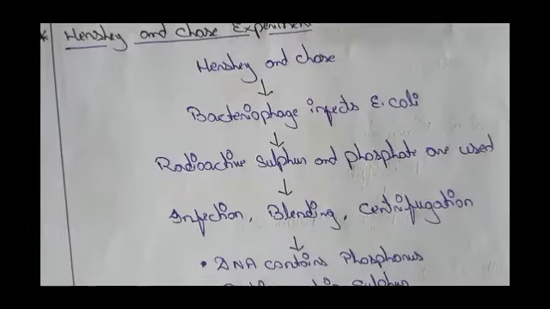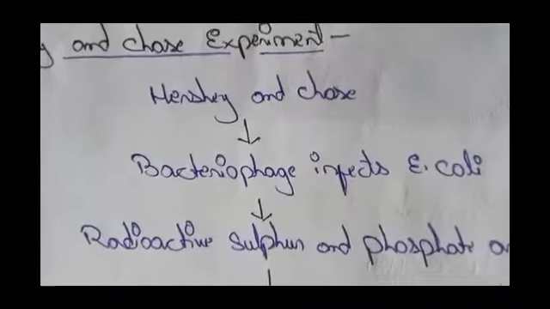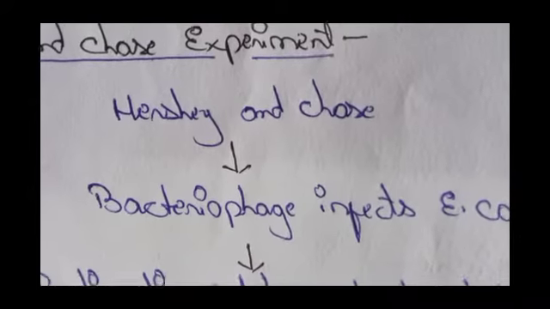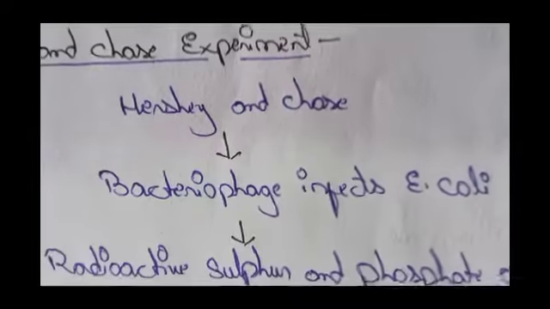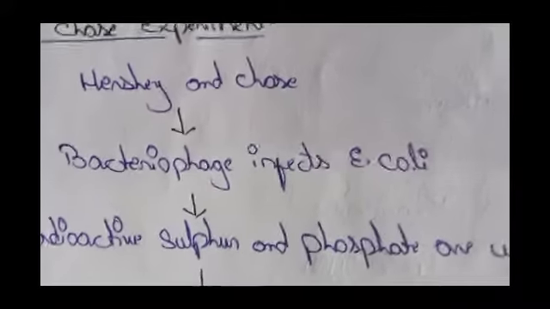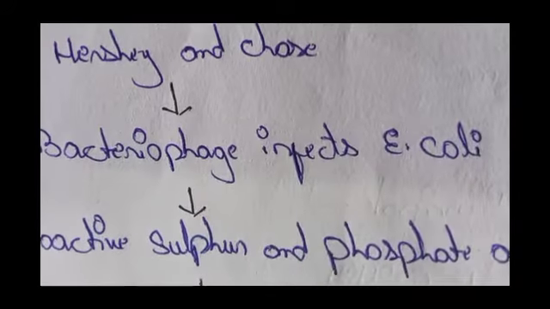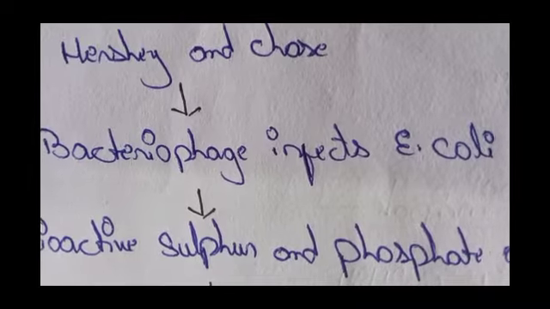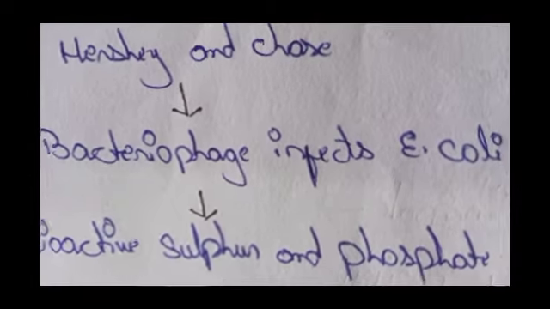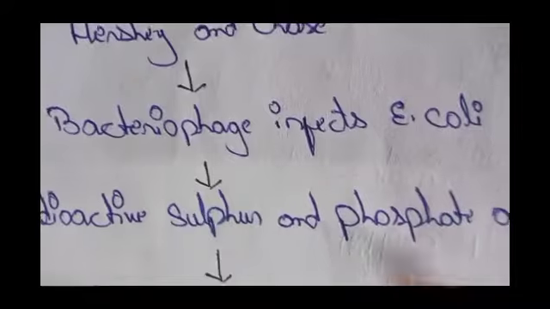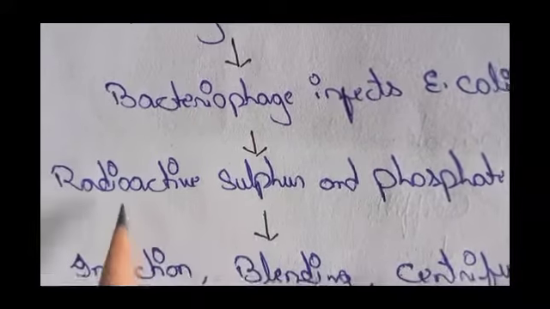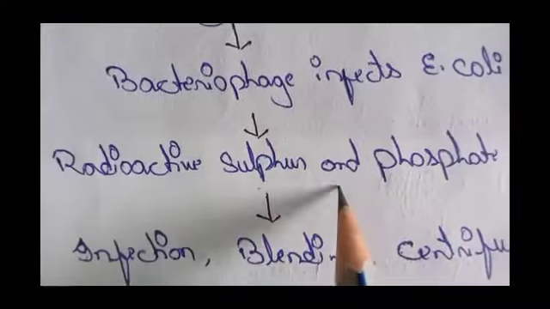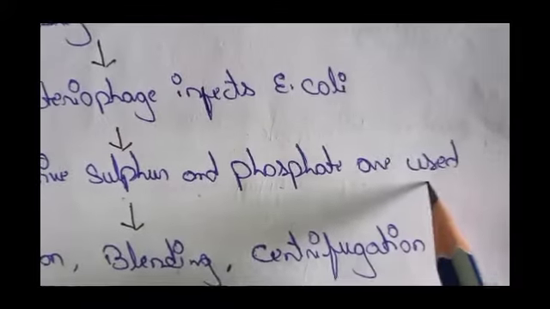Hershey and Chase are the two scientists who studied the bacteriophage which infects E. coli. You all know the full form of E. coli is Escherichia coli. When E. coli is infected with bacteriophage, radioactive sulfur and phosphorus are used.